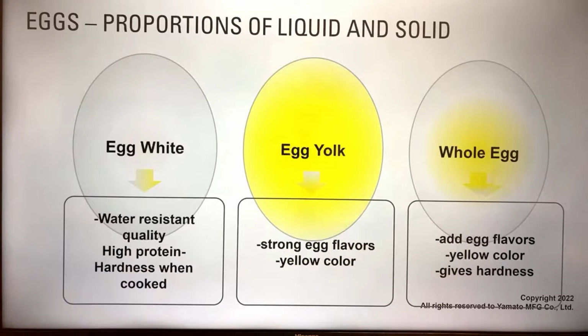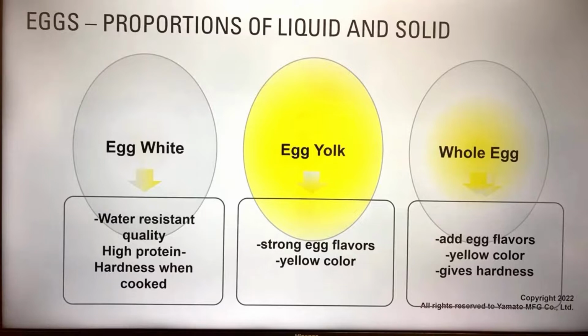Then egg yolk, just the yolk of the egg. It has a strong egg flavor and adds a yellow color. It's rare that we use yolk for noodles, maybe for some pasta, but not for ramen noodles and other types of noodles.